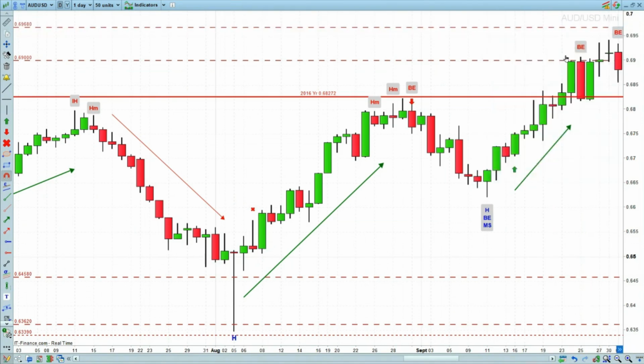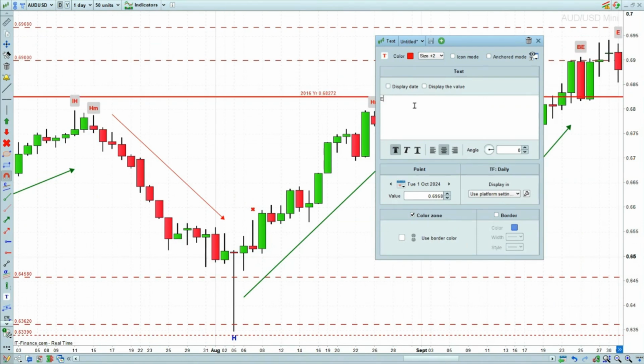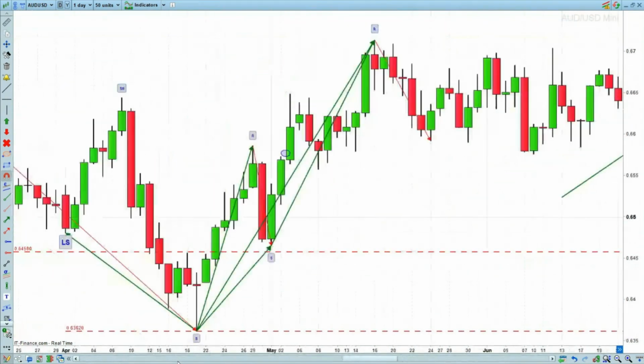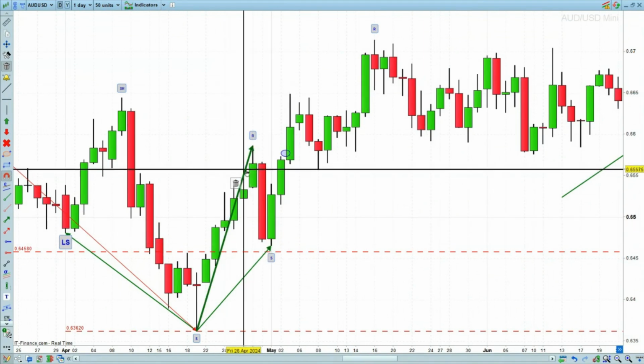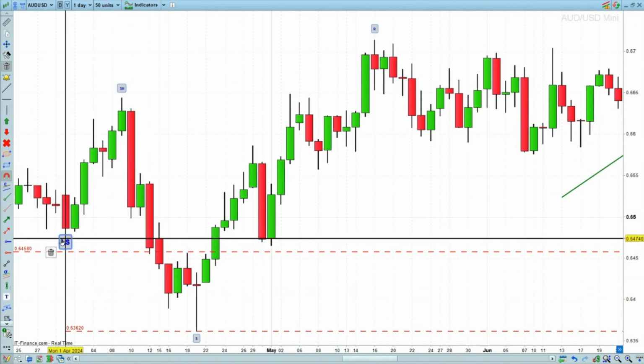It must appear on an uptrend. The close of the third bearish candle must be below the midpoint of the first bullish candle. Right. The close of the third red candle must be below the midpoint of the first green candle.